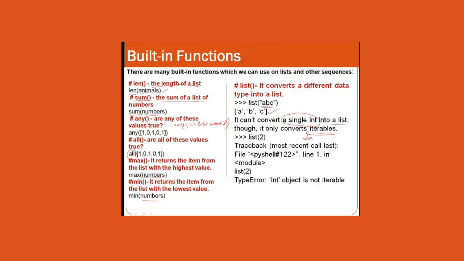This is an important part that you should take care of. So if you try to convert this element 2 into a list, it gives an error: int object is not iterable. Only iterable objects can be converted into a list.